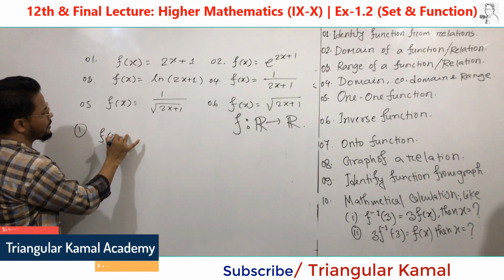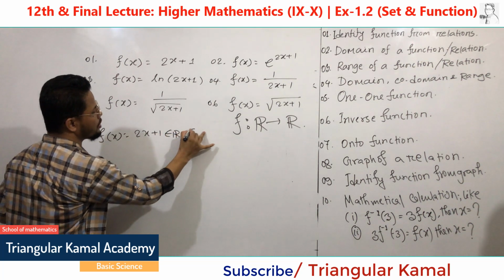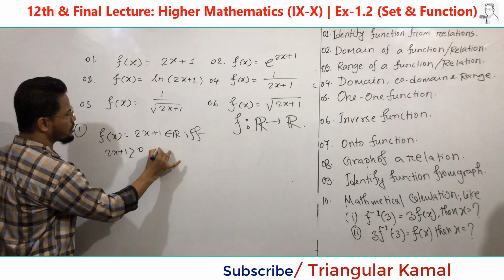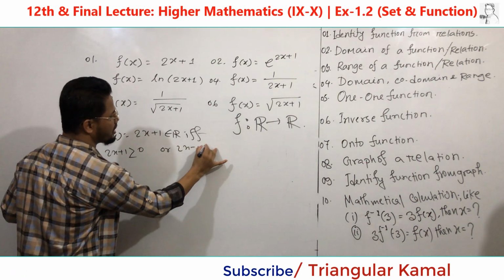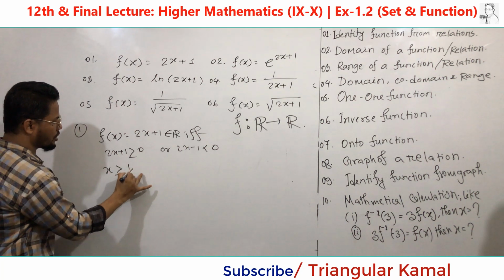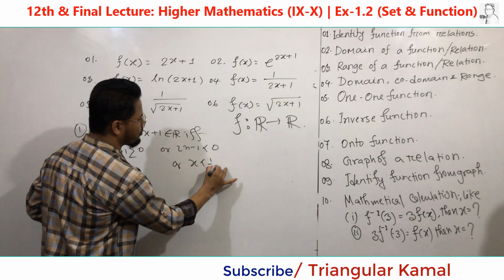So f of x equals root of twice x plus 1 belongs to R if and only if twice x plus 1 is greater than or equal to 0, or twice x plus 1 is less than or equal to 0, so x is greater than or equal to minus half, or x is less than minus 1 by 2.